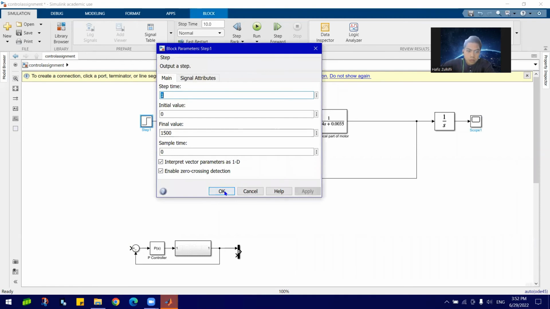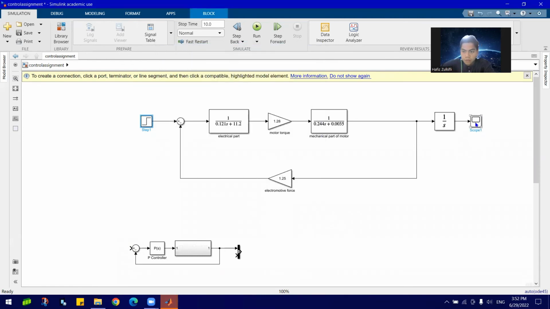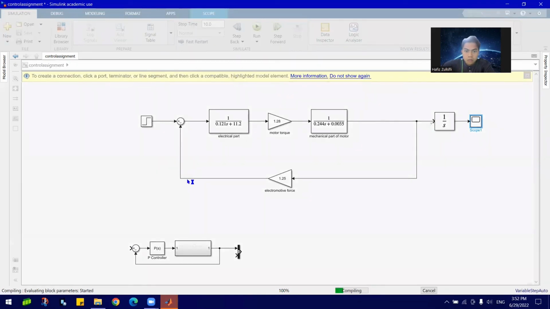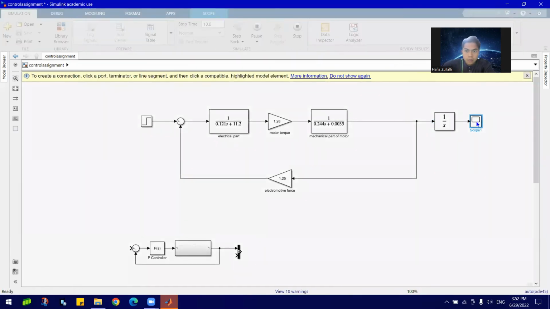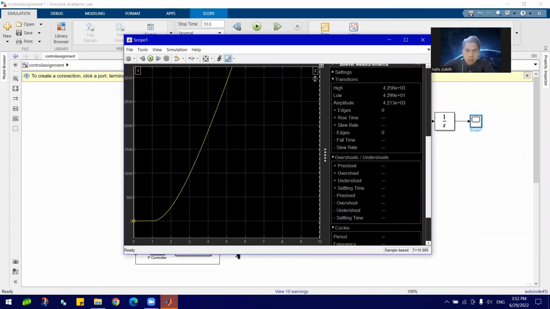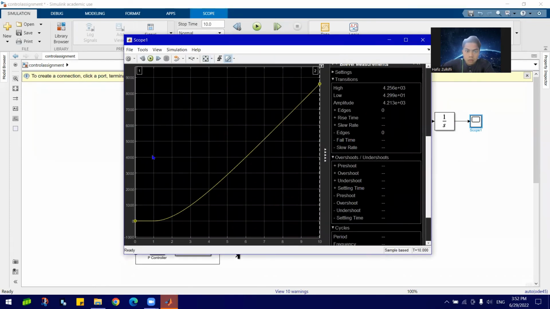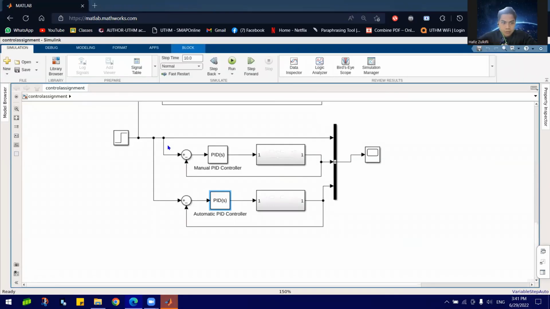The RPM is set to 1500 RPM. So we run the simulation. Here we can see the graph that we got from the block diagram without the PID controller. So next, for the next procedure, I will show the input versus manual PID and versus automatic PID controller.